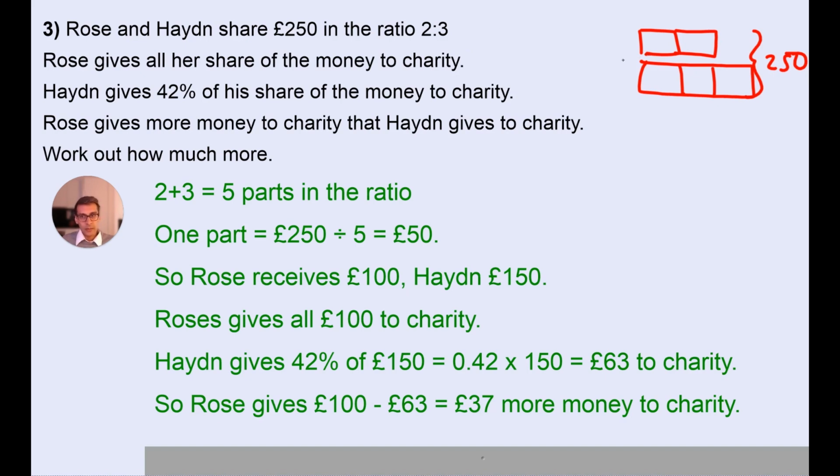We're going to do 250 divided by 5, so that's 50 in each box, which is what we've done here. And then I should, of course, label this R and H. And then we're working out a percentage of, you can see H gets 150, R gets 100. So then we're working out percentages of each. And then finally the difference between the two.